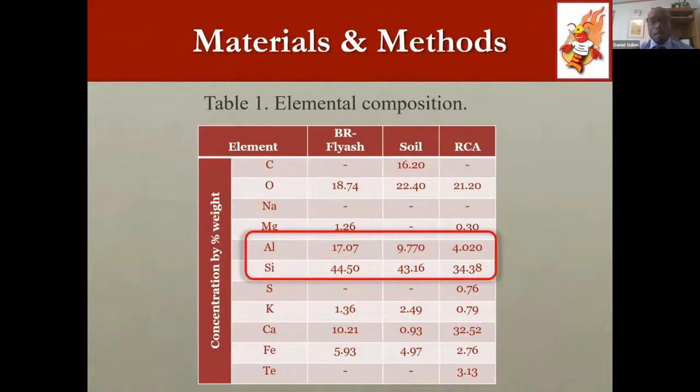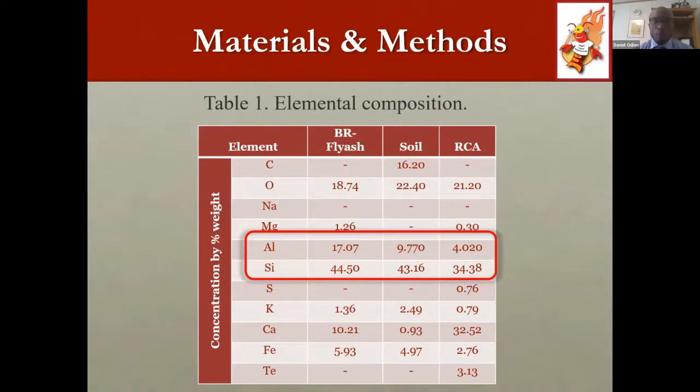Still under our materials and methods, we look at the elemental composition of these materials. If you look at my screen, you see that we have different elements, but the ones that are more important to us are aluminum and silicon, because these are the constituents of a proper geopolymer.